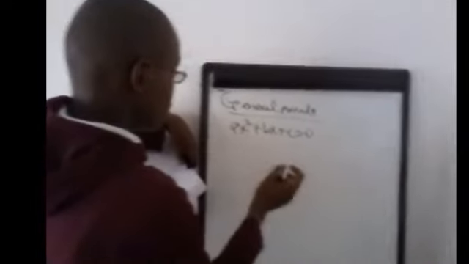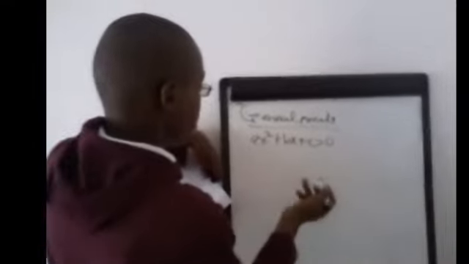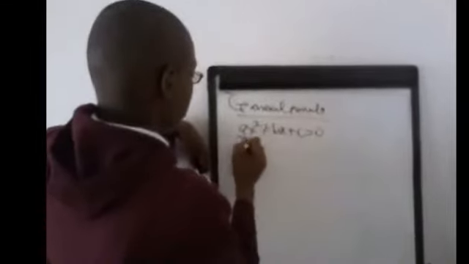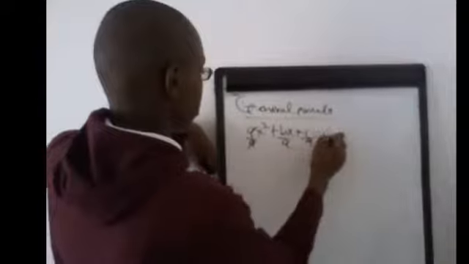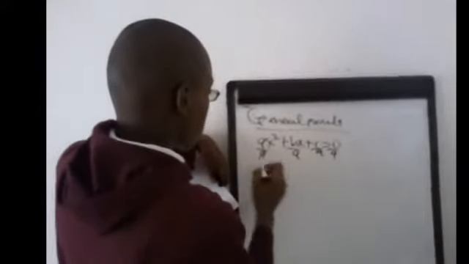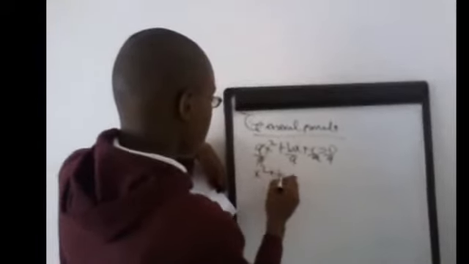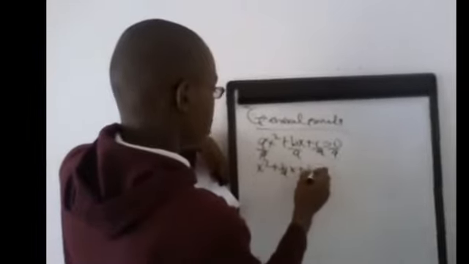First of all, we'll have to derive this equation into a formula. We divide both sides by a. It will be x squared plus b over a x plus c over a equals 0.